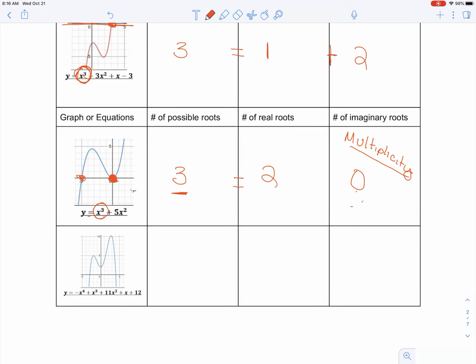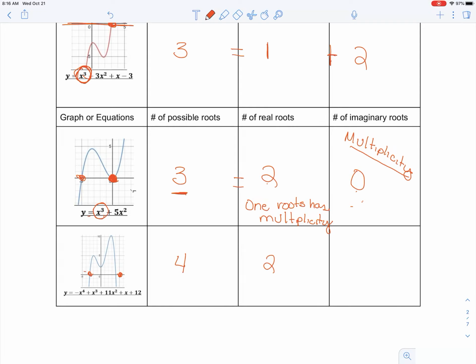So this does not have any imaginary roots, but it has 2 real roots, and one of those roots has multiplicity, which we will talk about on Thursday, I think. Multiplicity.